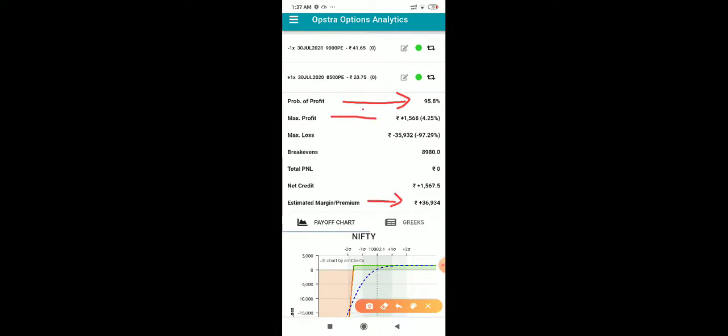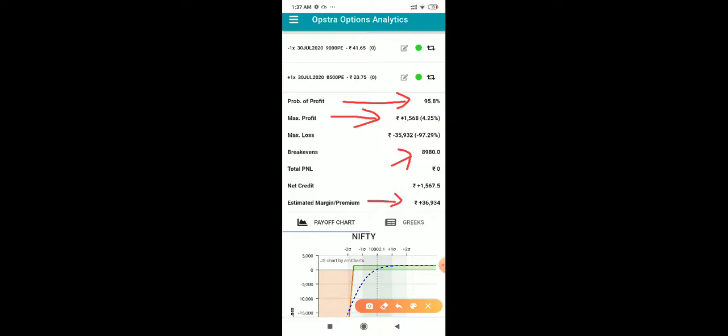Our profit above 8,980, that almost it's above 9,000. If Nifty closes above 9,000, we can get 1,500 rupees.